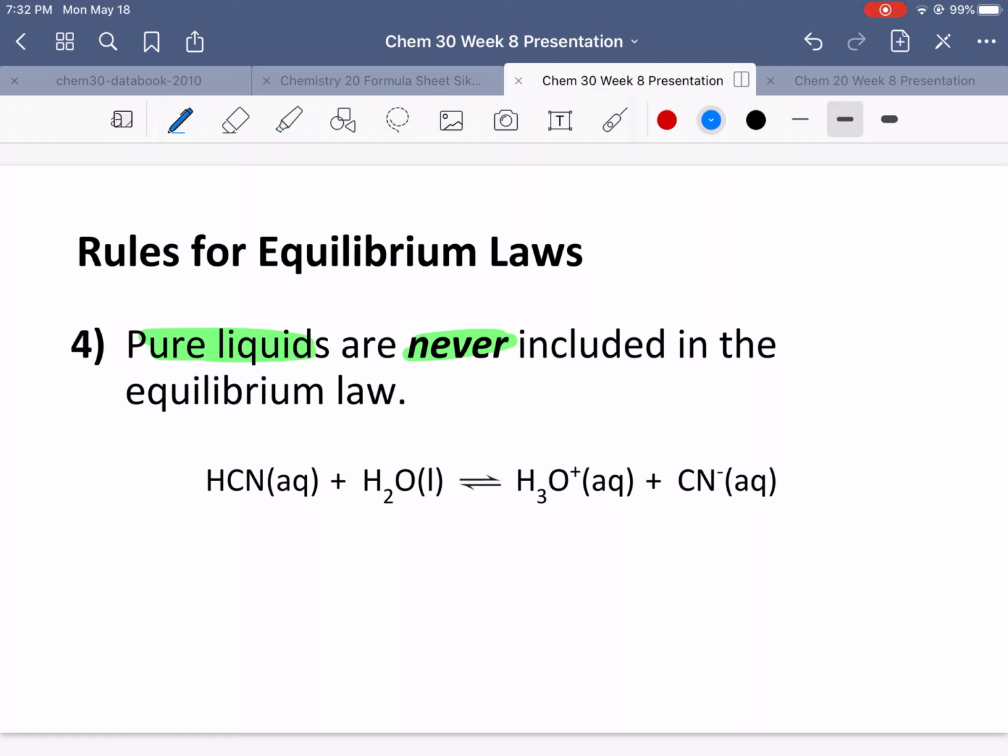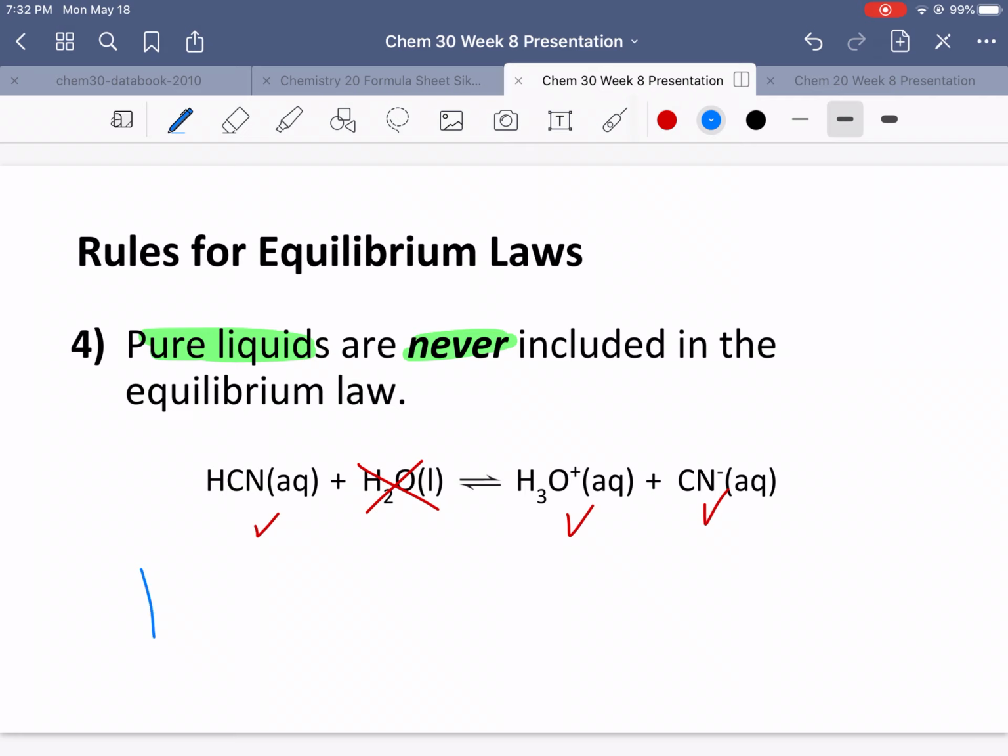Okay, so analysis-wise, HCN aqueous, that gets included, it's aqueous. H2O liquid, ding, ding, ding, a pure substance that's a liquid, leave it out. Hydronium aqueous, leave it in. Cyanide ion aqueous, leave it in.